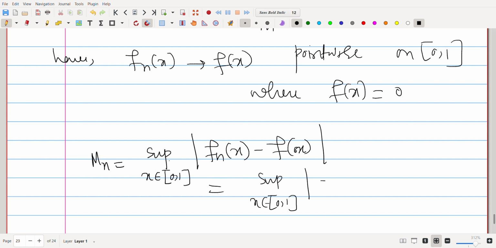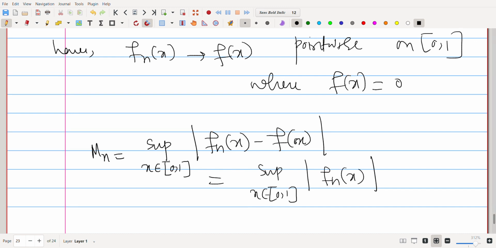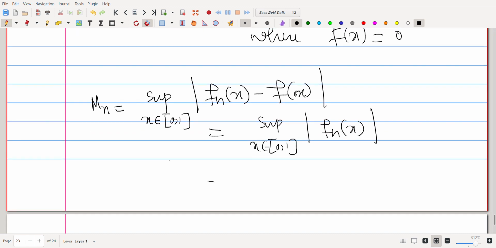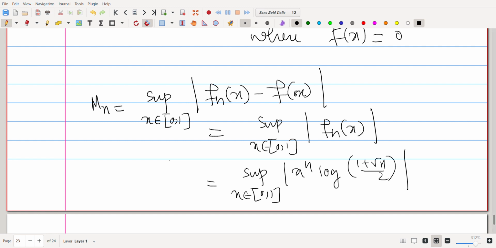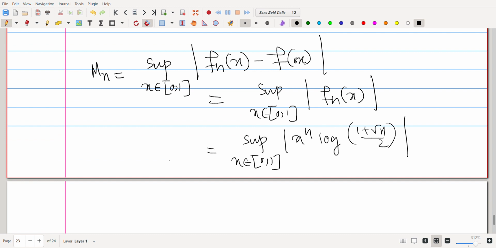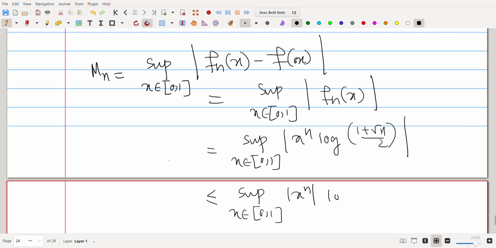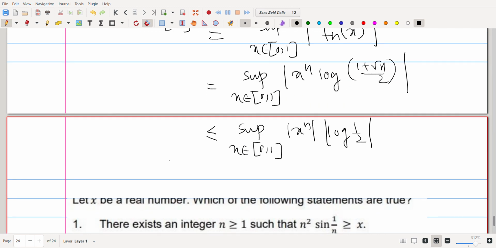Now f(x) is identically 0, so that is the supremum over x in [0, 1] of the absolute value of f_n(x), which is the same as the supremum of x to the power n times log of (1 plus root x) by 2. Taking the absolute value, this is less than or equal to the supremum of x to the power n times the absolute value of log half.